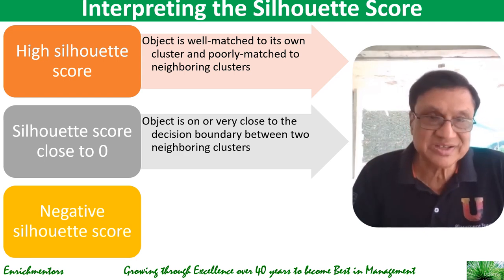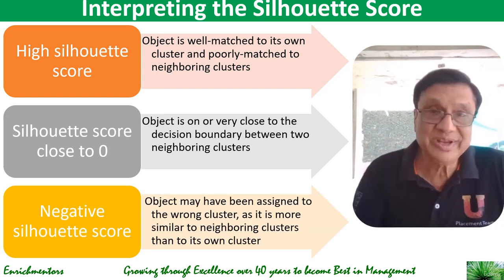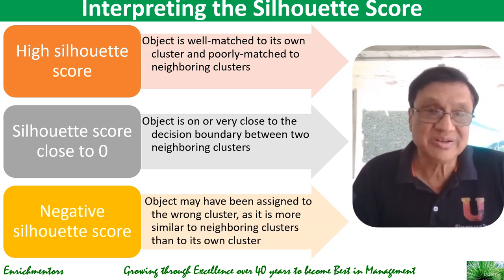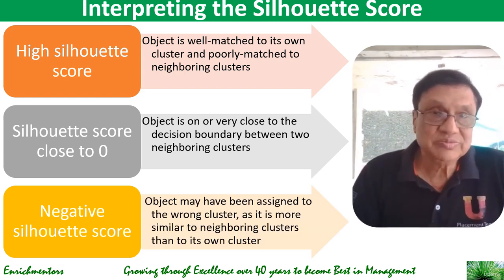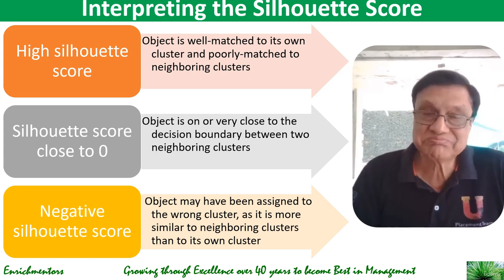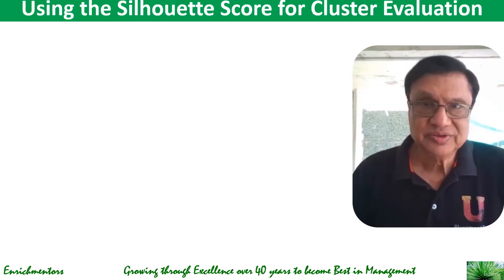That raises the question of whether the clustering has been done rightly. So a +1 score confirms right clustering, -1 indicates wrong clustering, and 0 is a question mark. That's how you interpret the silhouette score.